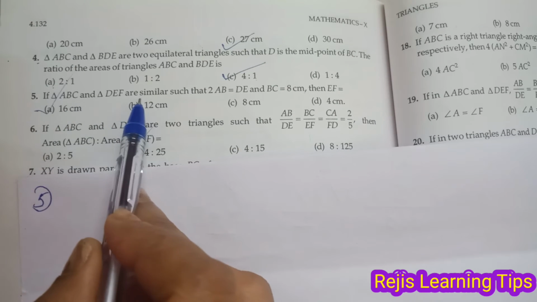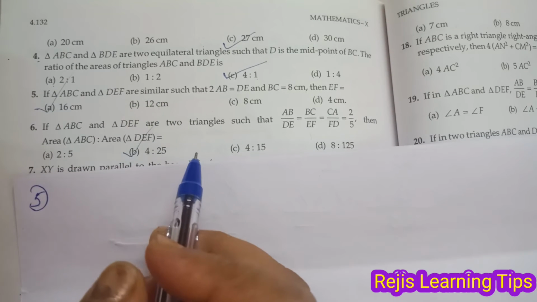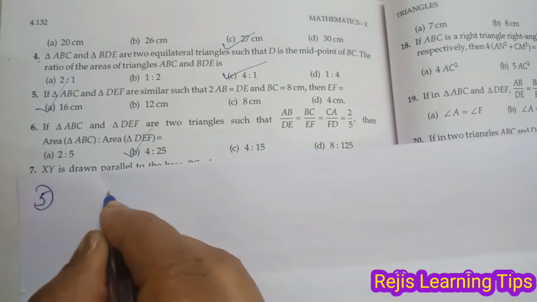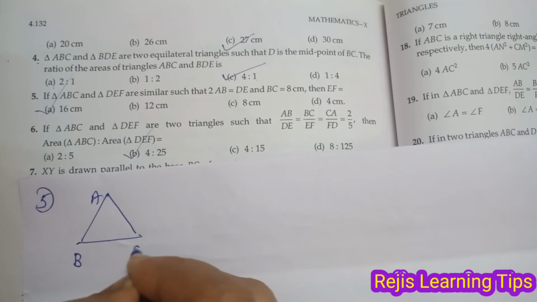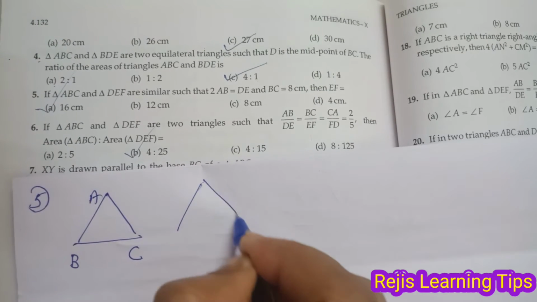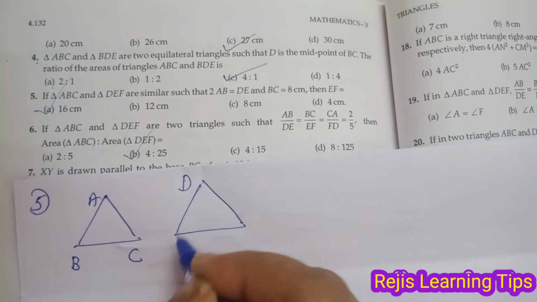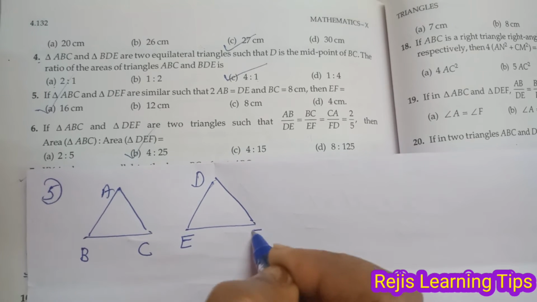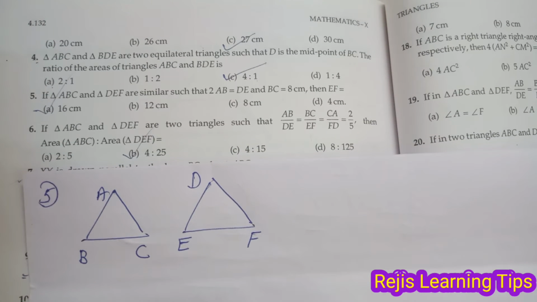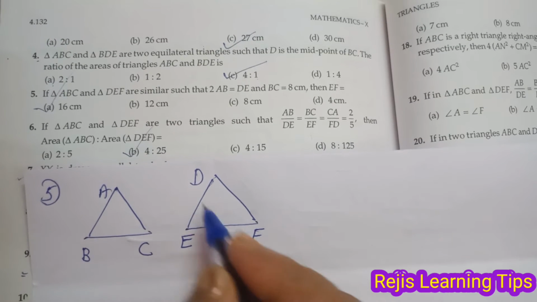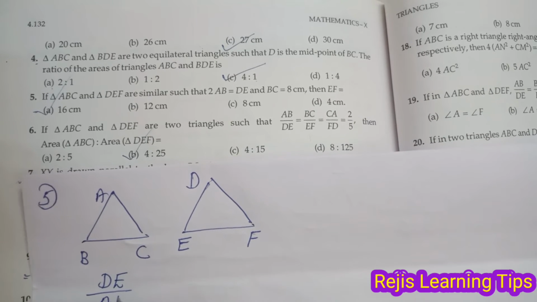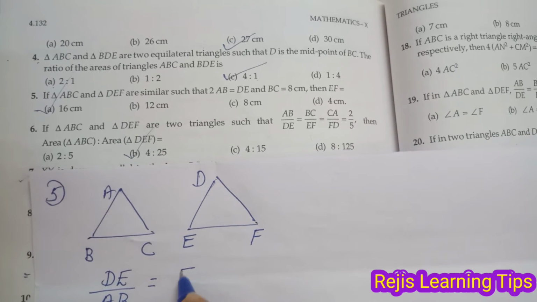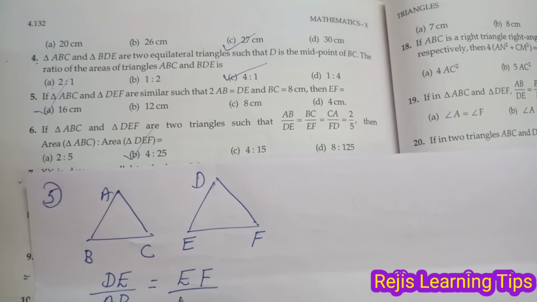Triangle ABC and triangle DEF are similar. This is the triangle ABC, and this is the triangle DEF. These two triangles are similar, so their corresponding sides are proportional. So DE by AB is equal to EF by BC.